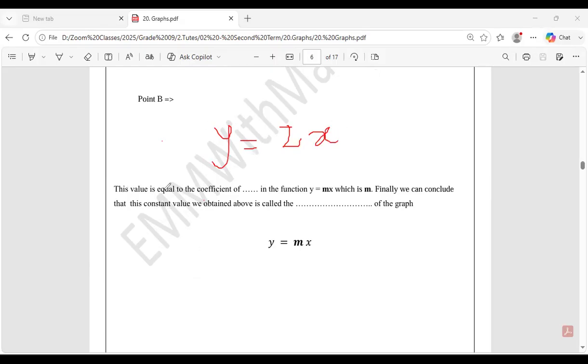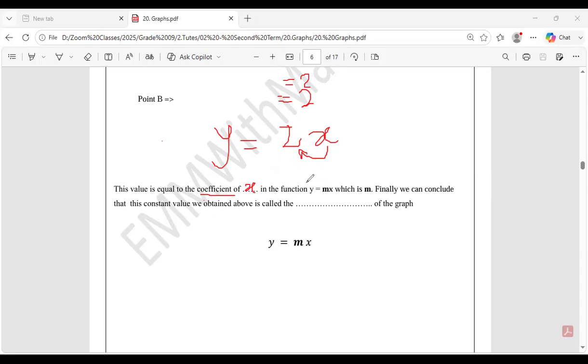So for point B we got 2 and for point A we also got 2. Both values are equal to 2, right? So this value is equal to the coefficient of x in the function y equals mx, which is m.